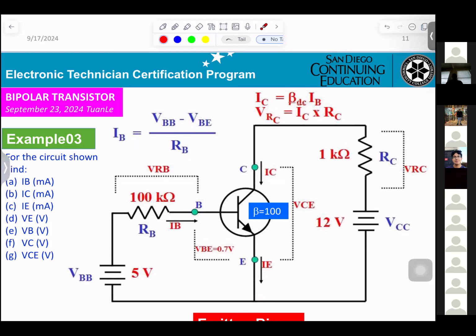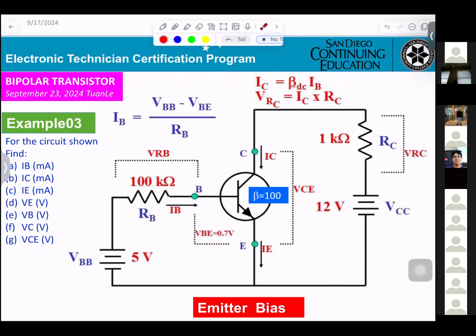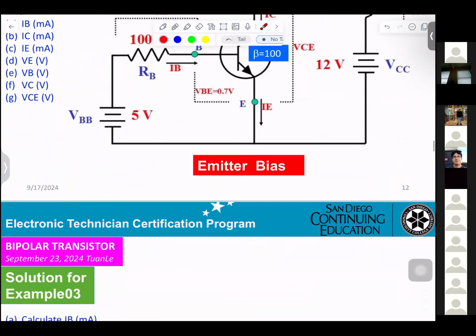VC equals VCC minus ICRC. And VCE equals VC minus VE. That means everything we already did. Your job will be to try to calculate it. Make sure next time we can get it.